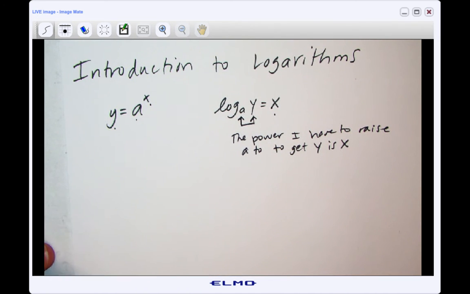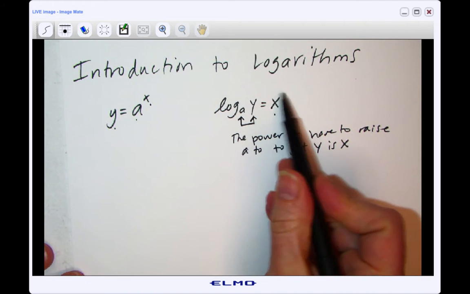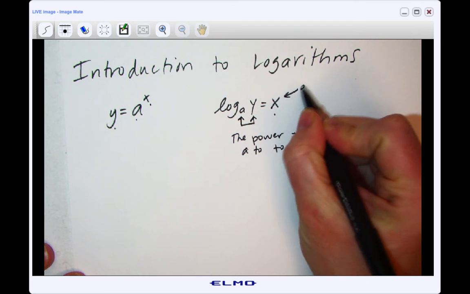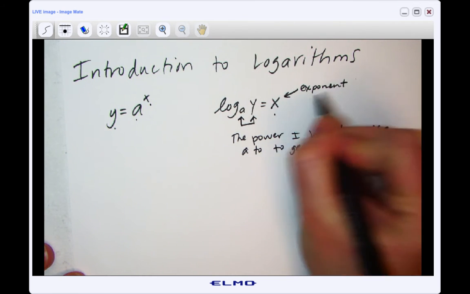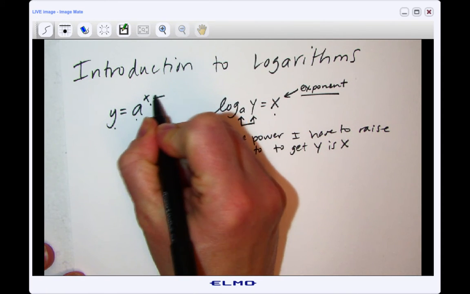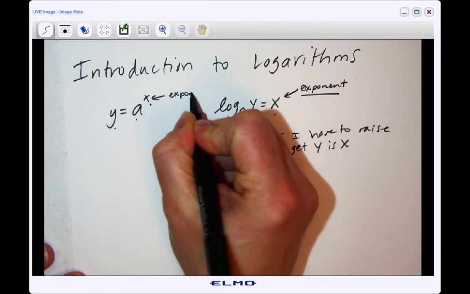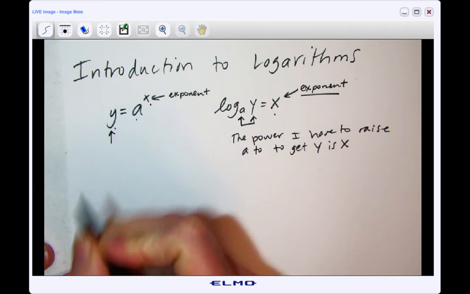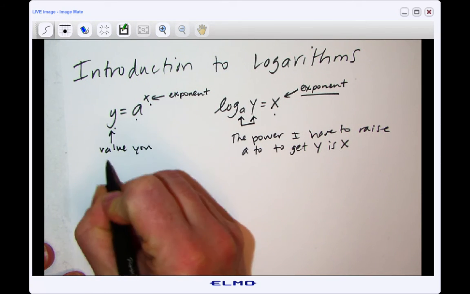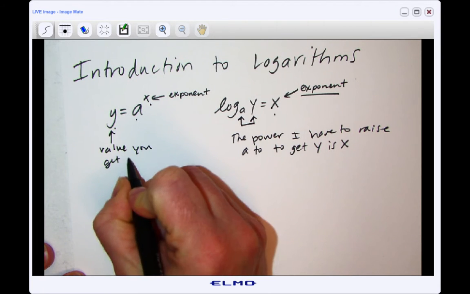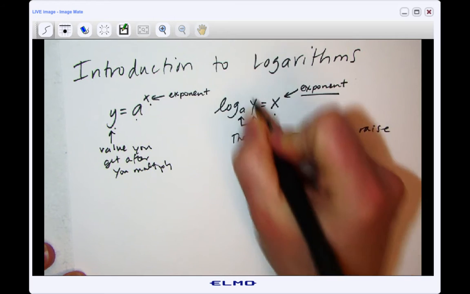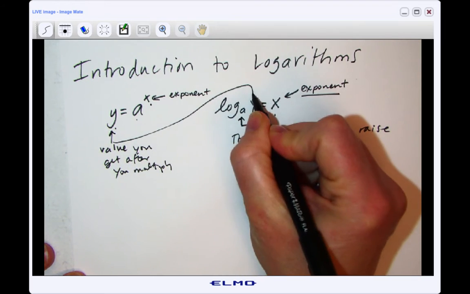The only difference is the output here in this function is actually the exponent. So this is the power that I have to raise a to get y. And over here, this is the exponent, of course, and this one is the value you get after you multiply. So that is the same thing as this one here.